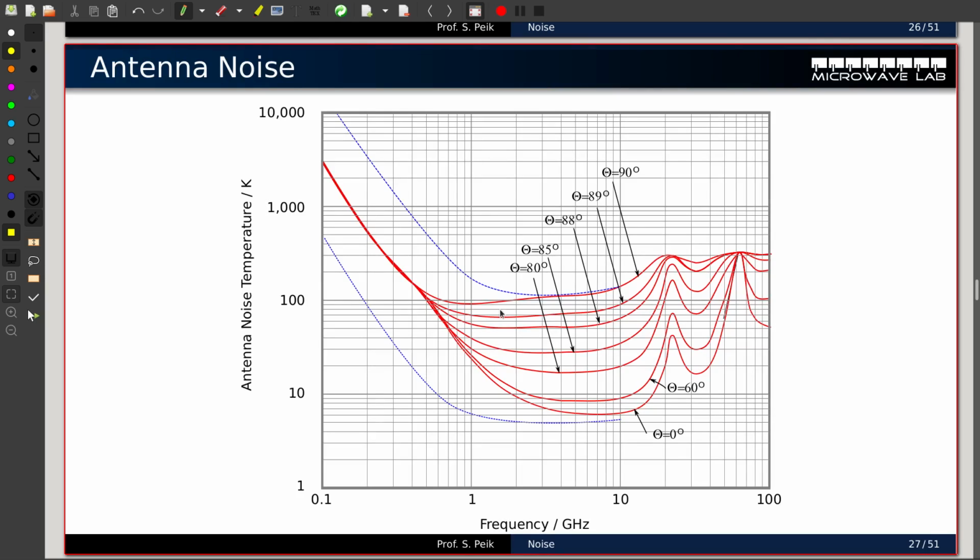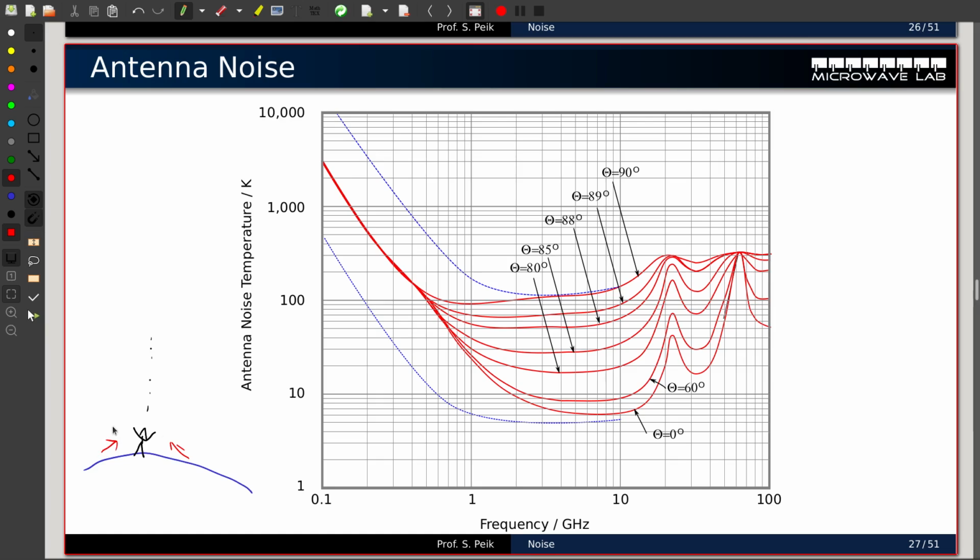Antenna noise depends on my frequency and on the direction I'm pointing the antenna. When this is my ground, and I point my antenna directly upwards, I receive little or no noise from the ground. That's the ground noise, not coming in like this.